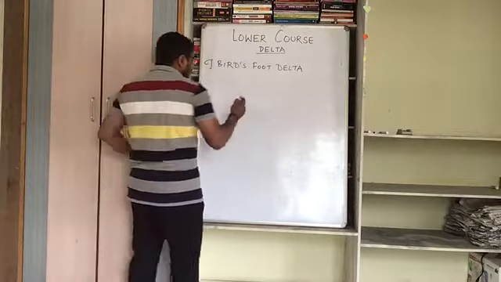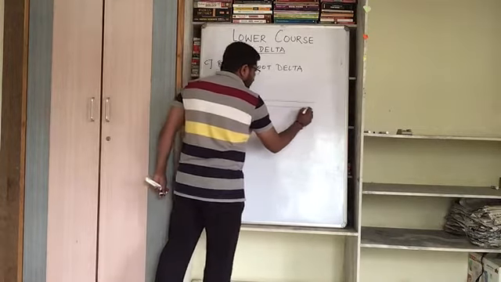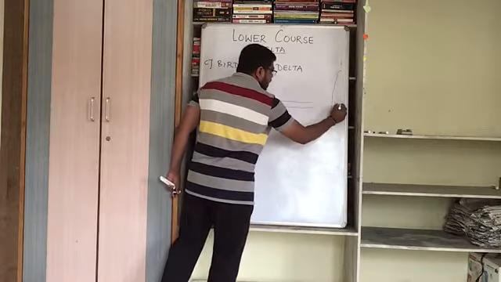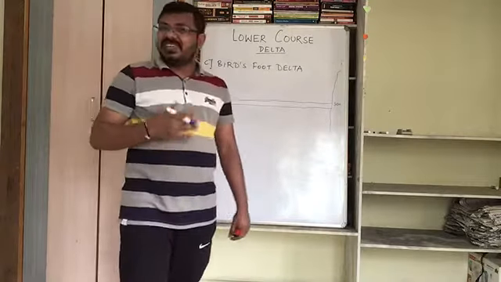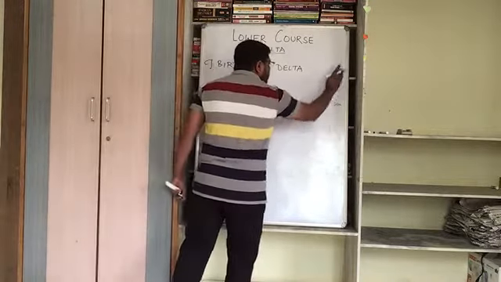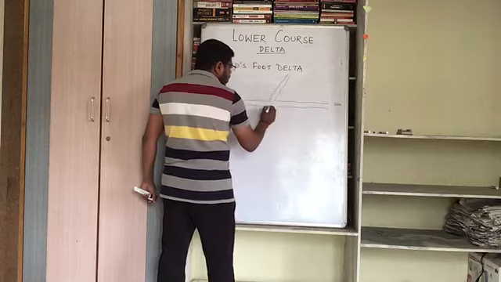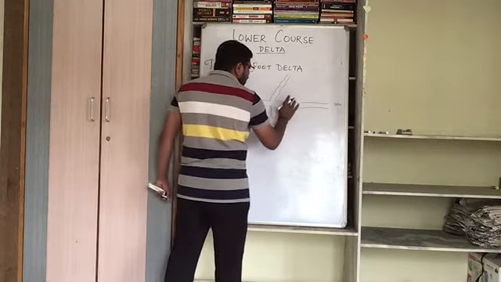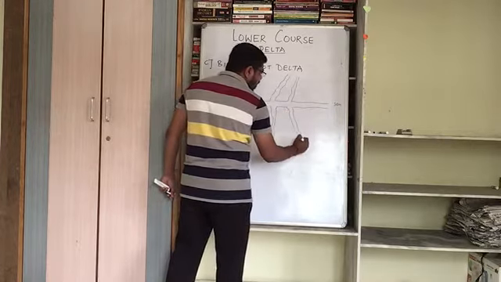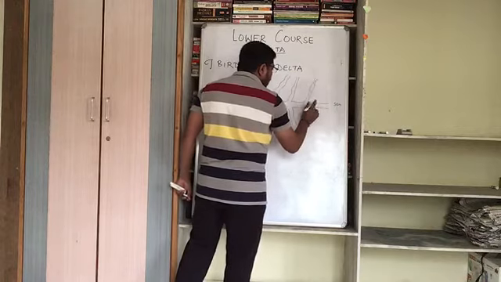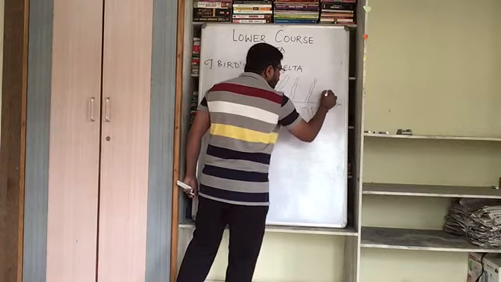The bird's foot delta, as you can see, the river is entering into the sea. For example, there is a sea and the river is entering into it. But the flow is very slow and the river itself will deposit its sediments, and there are a lot of distributaries which will create a kind of 90-degree angles, and these distributaries will flow into the sea.